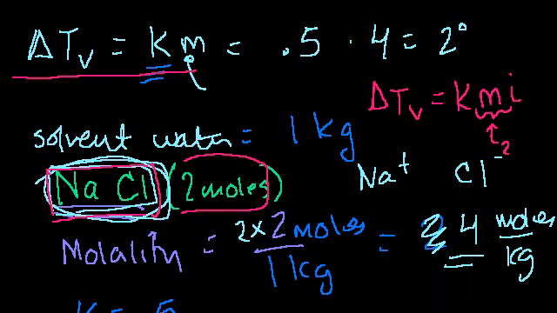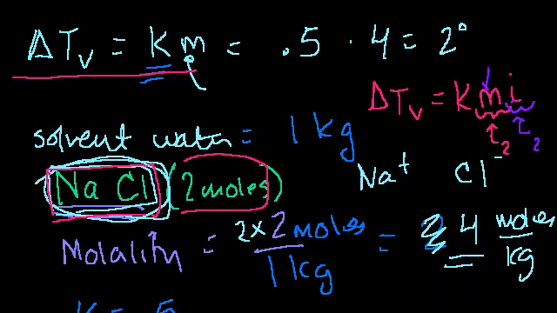And then I is the number of molecules, or the number of things that it disassociates into. So in this case, this would have been 2. And that's where we would have gotten 4 times K, which is 0.5, which is 2. In the case of the glucose, M would still be 2, but it only turns into 1 particle when it goes into water. So I would be 1. So you'd only have a 1 degree increase in the boiling point of water.